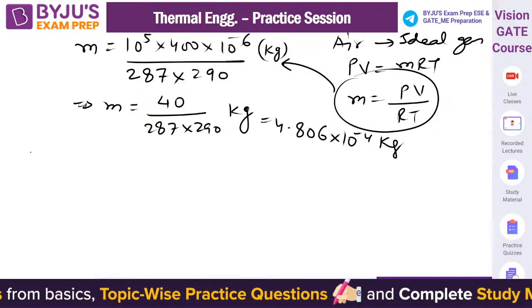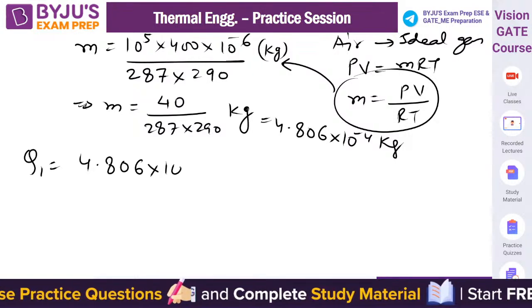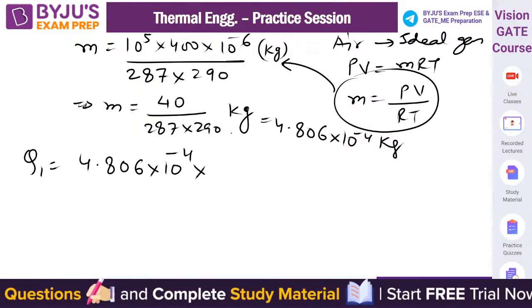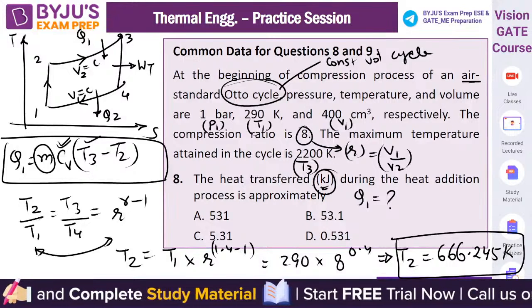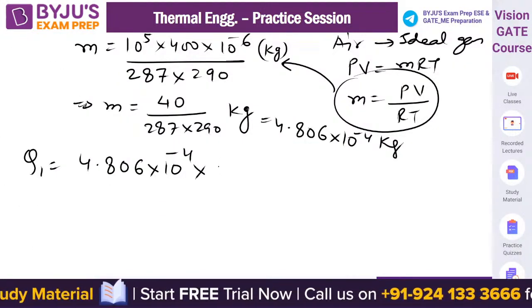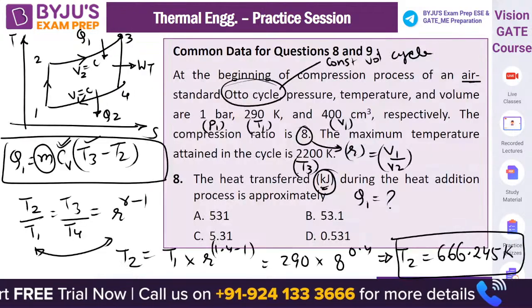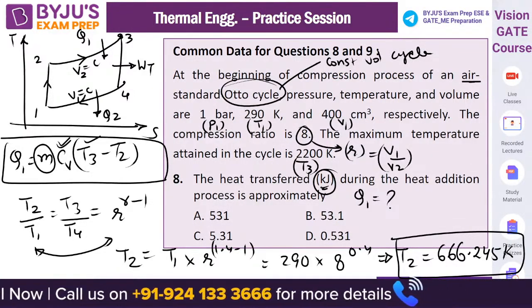Put in equation number 1. So Q1 is equal to 4.806 into 10 to the power minus 4 into CV, because we want the answer in kilojoule. Now we can use CV in kilojoule per kg Kelvin. That is equal to 0.718 into T3 minus T2.